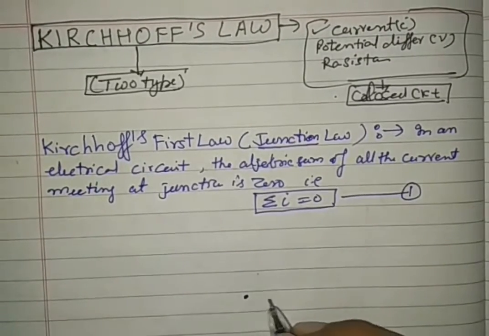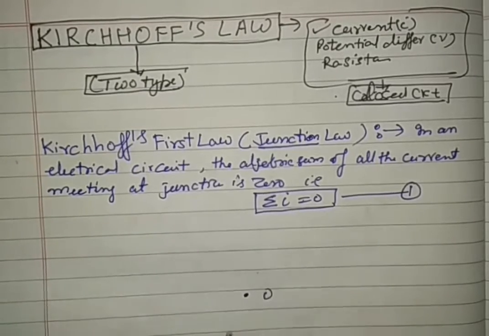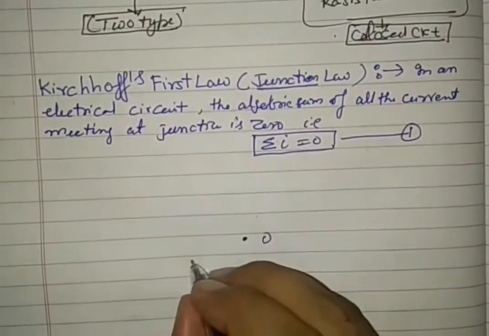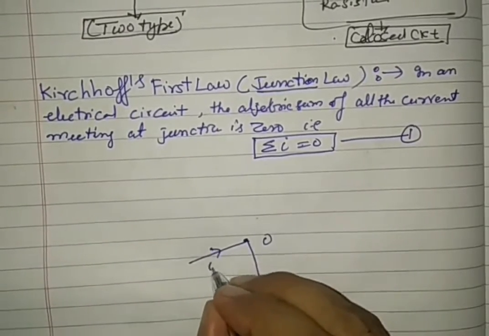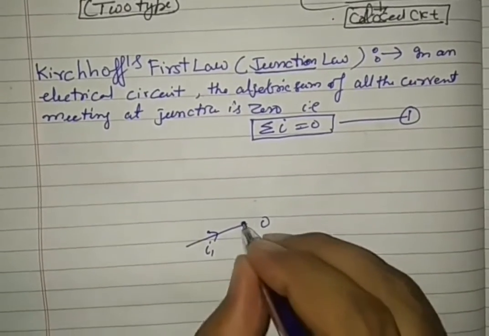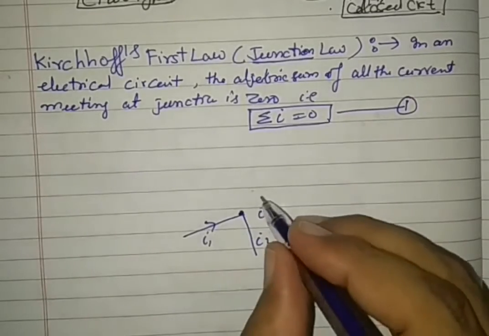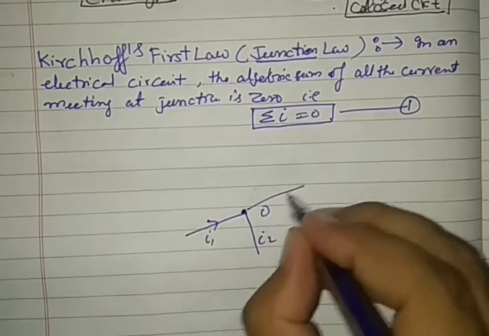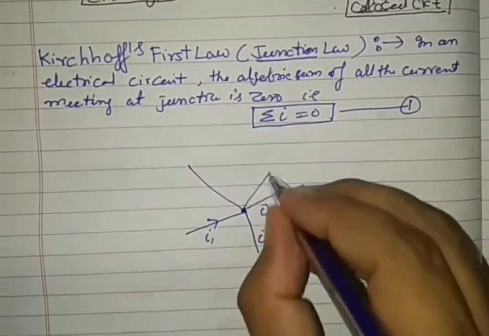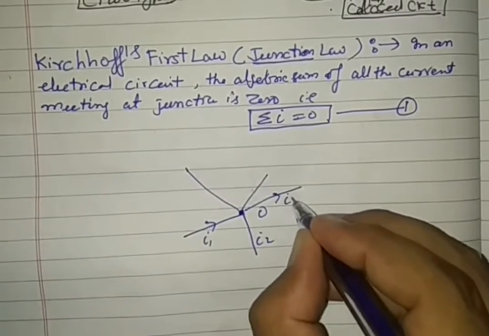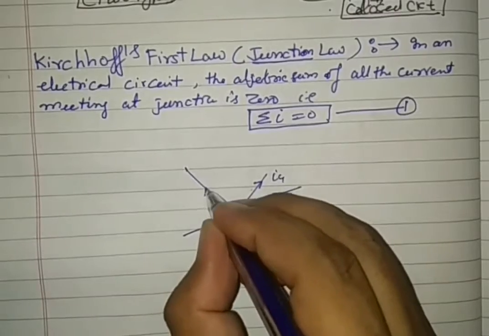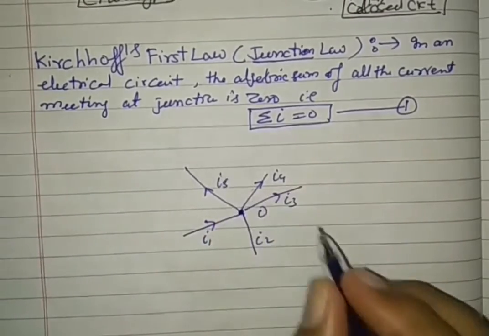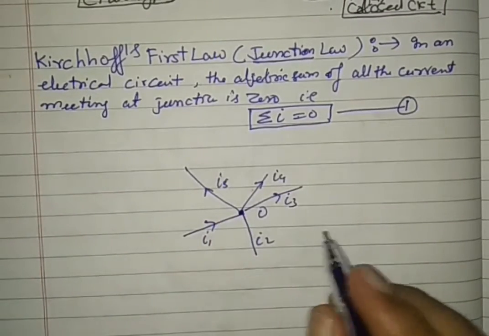See in the diagram, let this be junction O. Two currents I1 and I2 are reaching the junction, and let I3, I4 and I5 be leaving the junction.